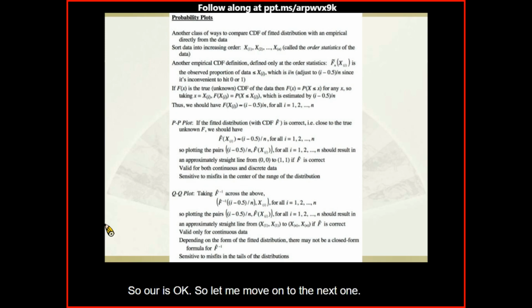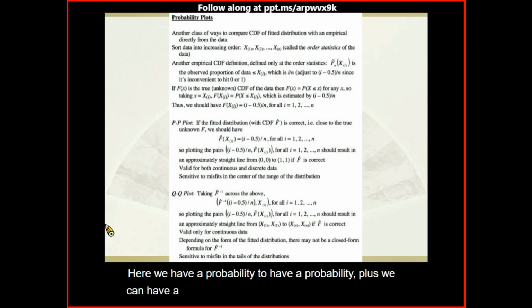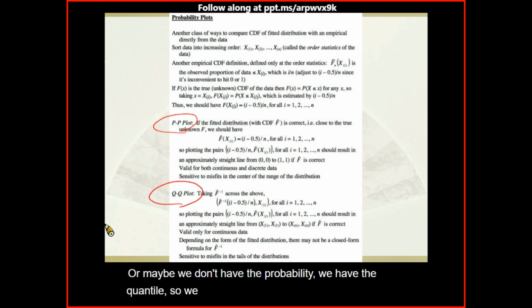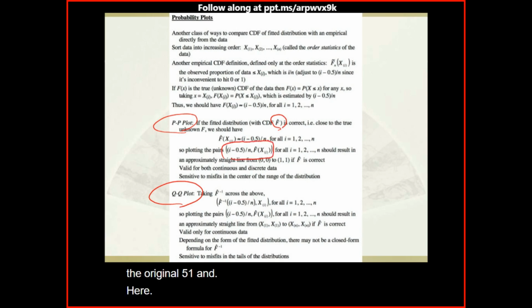Here we have probability plots. To have a probability relative plot, we can use the probability directly. That is called the PP plot. Or maybe we don't use the probability but the quantile, so we can have a QQ plot. And we can pass on the original fitted one, and here this is an empirical one.